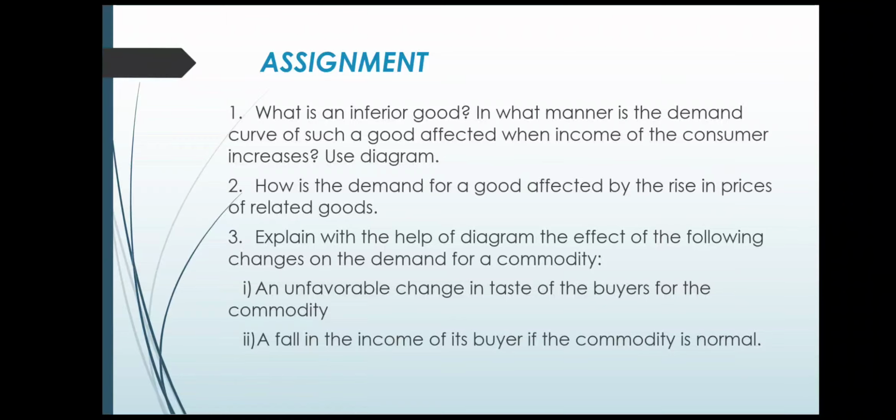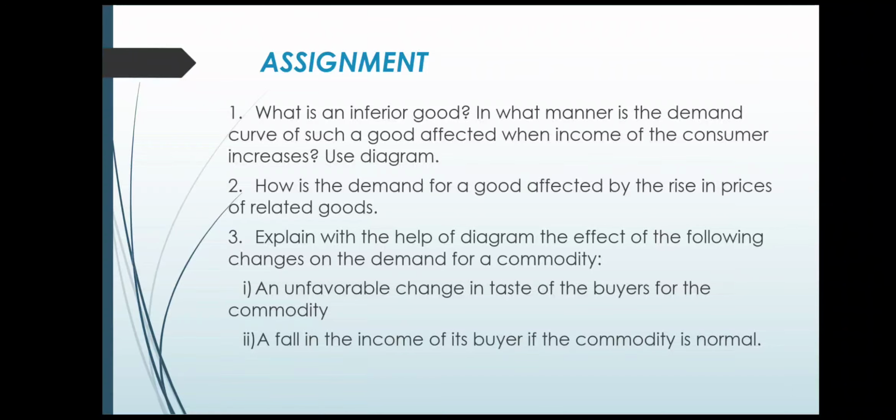An unfavorable change in taste of the buyers for a commodity. So whenever there is a favorable change, there is a rightward shift. So in this case, since this is an unfavorable change, there will be a leftward shift in the demand curve.